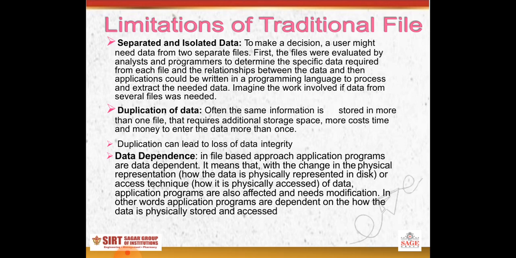Then duplication of data. Often the same information is stored in more than one file. It requires additional storage space, and costs more time and money to enter the data more than once.